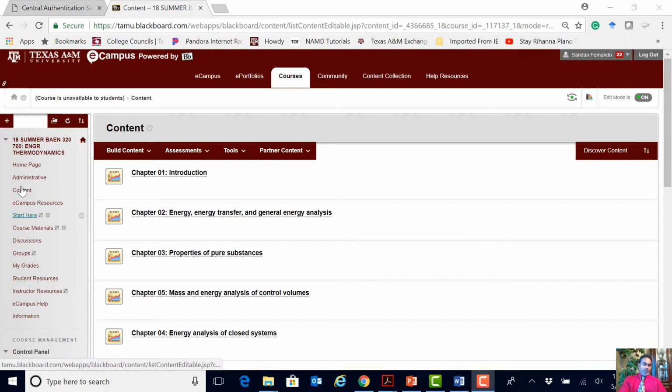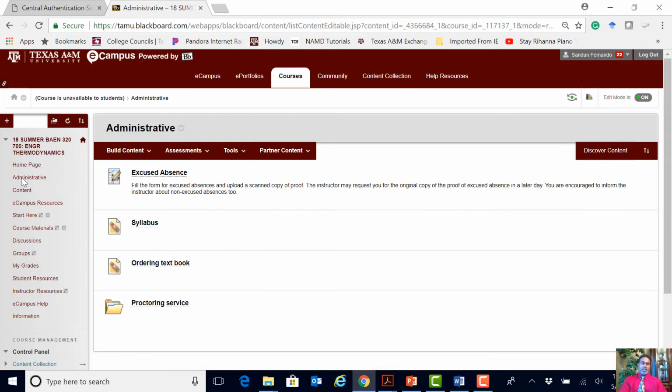You will also notice a folder called administrative, and all the items associated with class administration are posted here, for example the class syllabus, how to order the textbook, and information on how to register for the proctoring service associated with all the exams.